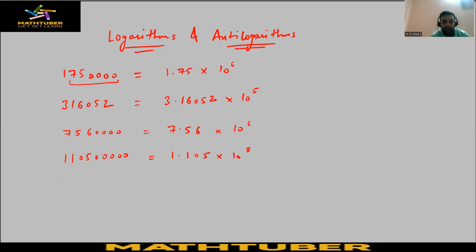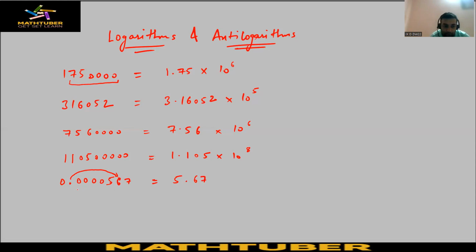Now, if a number is there in which we already have a decimal, suppose we have 0.0000567. So what we have to do here is we have to shift this decimal after the first non-zero number. So 5 is the first non-zero number, so it will be shifted here.